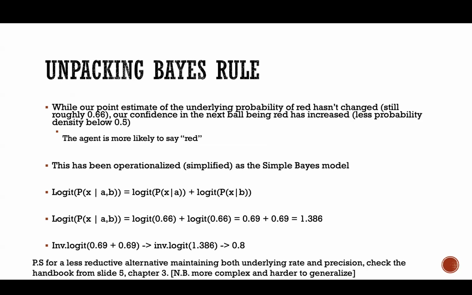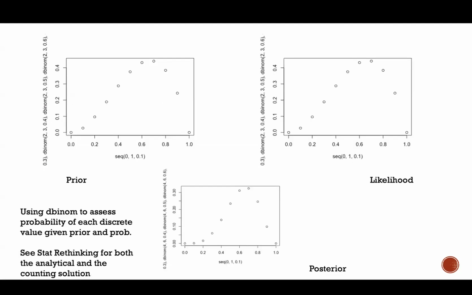Okay. But given that now more of your probability is pointing towards a majority of red, more of the distribution, where is the information about how narrow the distribution is? Well, it's here. Yes.